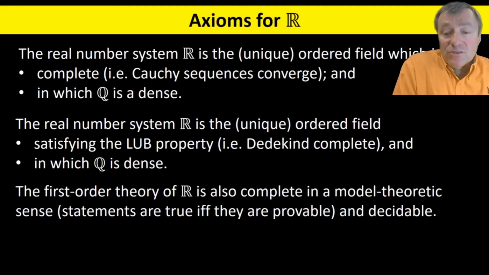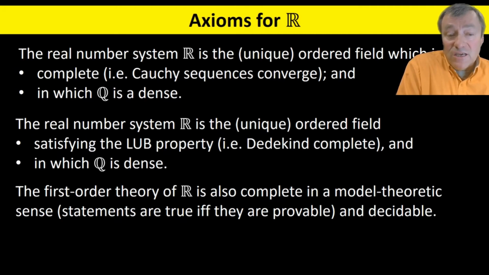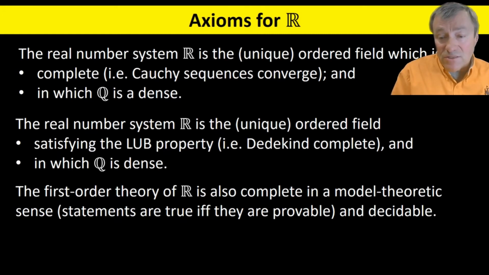Unfortunately, we use the word complete in more than one way in mathematics. In a logical sense, one says that the first-order theory of the reals is complete. But here we're not talking about the topological completeness that we've talked about up to this point.